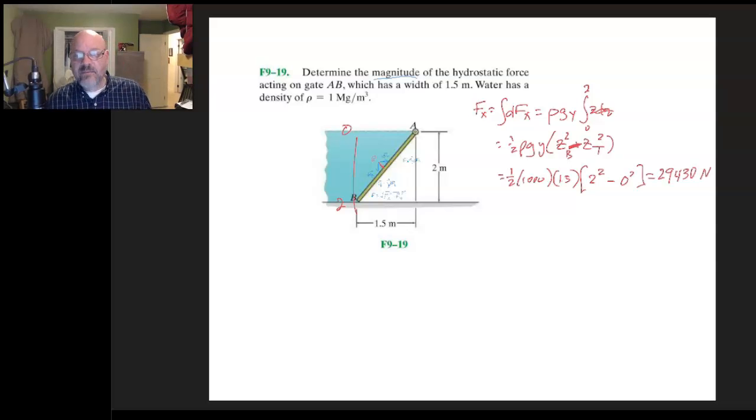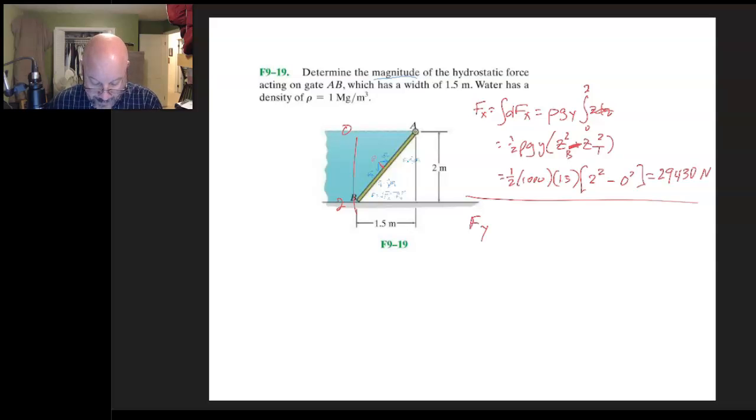Now, for the sake of time and space, I haven't put my units in there, so forgive me for that, or feel free to take off one point, whatever. Now let's do the other one, the Fz.